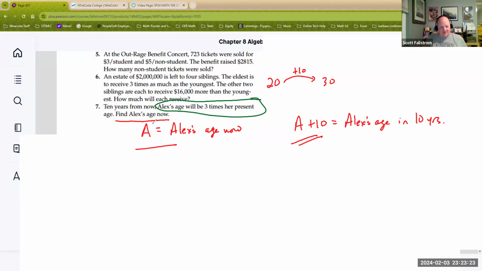They have to create a representation. 10 years from now, Alex's age will be, so will be is like is, that's your equal sign. 10 years from now, her age will be, that's the is or the will be, 3 times her present age. So this thing is equal to 3 times her present age.